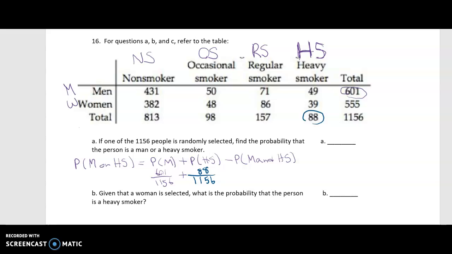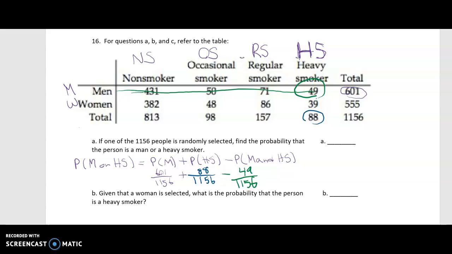The probability of someone being a man and a heavy smoker would be, we'll find out where the men and the heavy smokers meet. So men goes across this way, and heavy smoker goes down. So the men who are heavy smokers, there's 49 out of 1,156. And you can see clearly that 49 men is both in the heavy smoker column, that total of 88, and in the total of 601 men. That's why we need to subtract it.